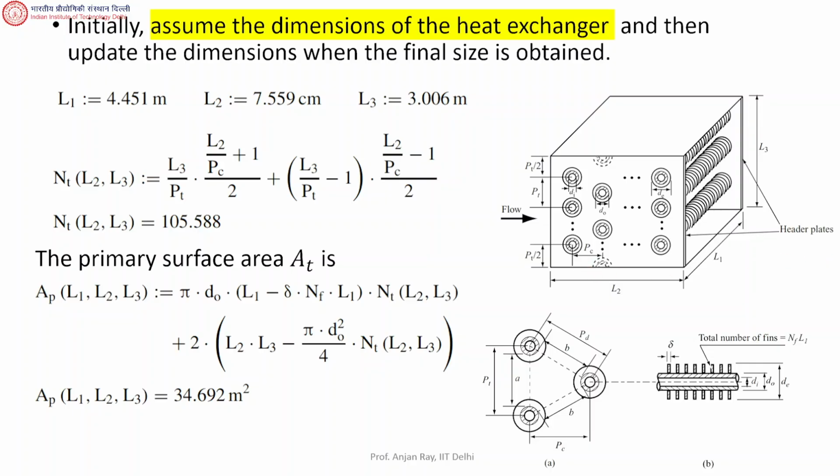And when we talk about free flow area, we're talking about this area which you are getting here between the tubes that are already finned, the free space. We're talking about that area. We have already talked about primary area and fin area, but now we are talking about that free flow area.